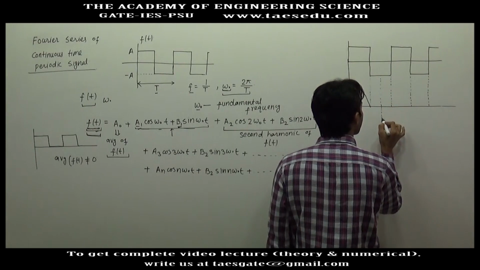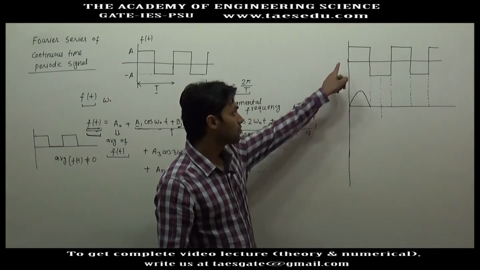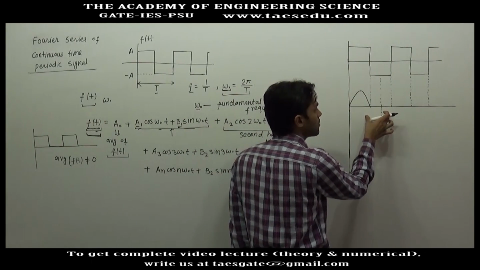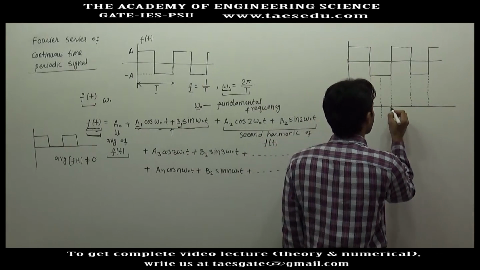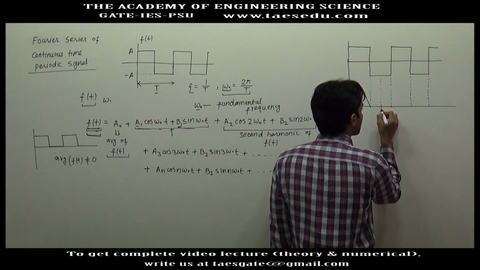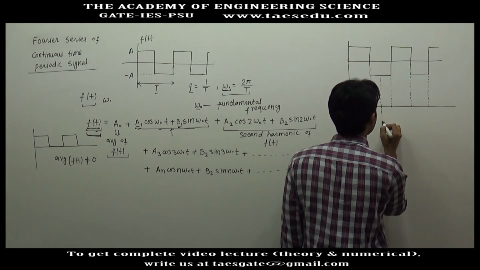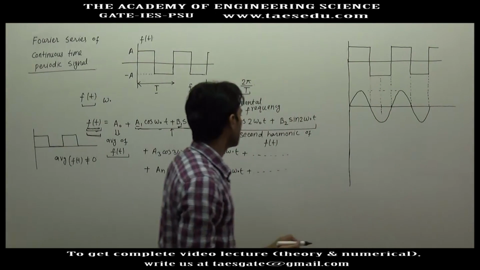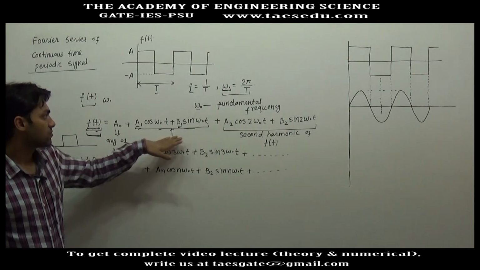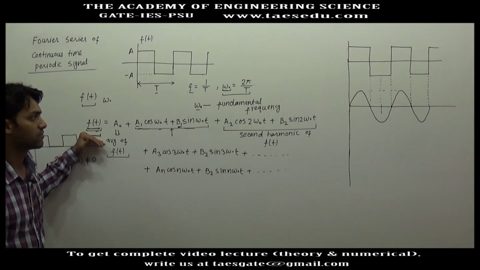The frequency of this sinusoidal signal will be equal to the frequency of the original signal, which means the time periods are the same. So in one time period of the original signal, this sinusoidal signal also completes one cycle. What I said earlier is that if you represent f(t) as a summation of sinusoidal signals, by adding all those signals you must get f(t).